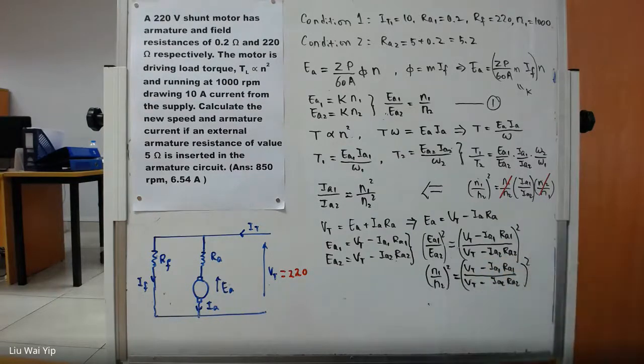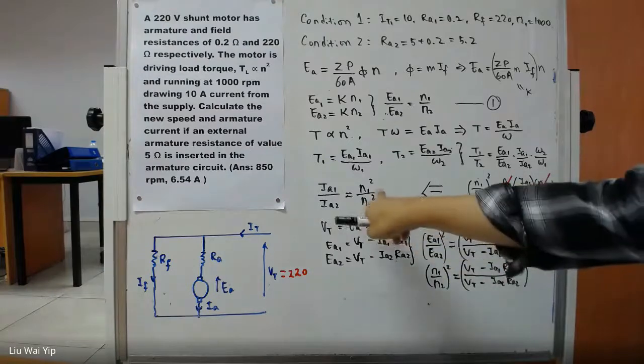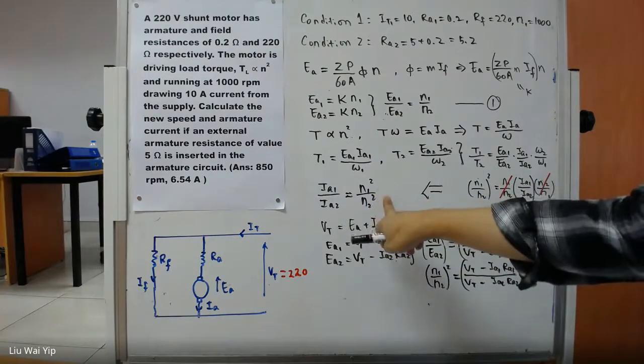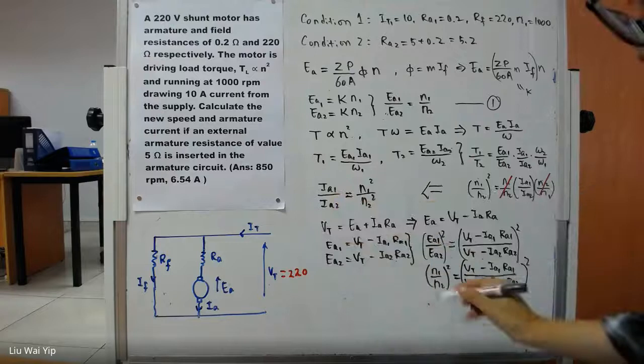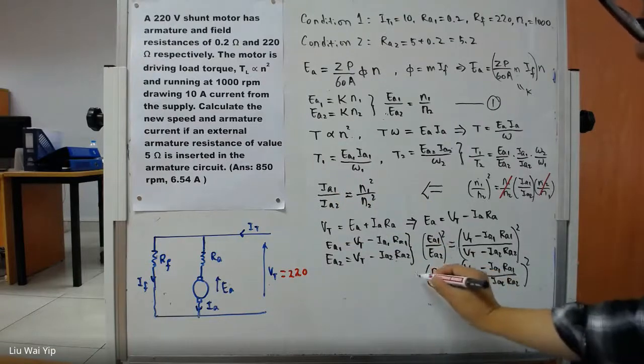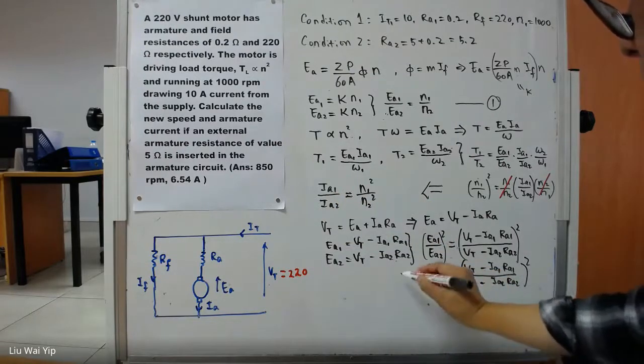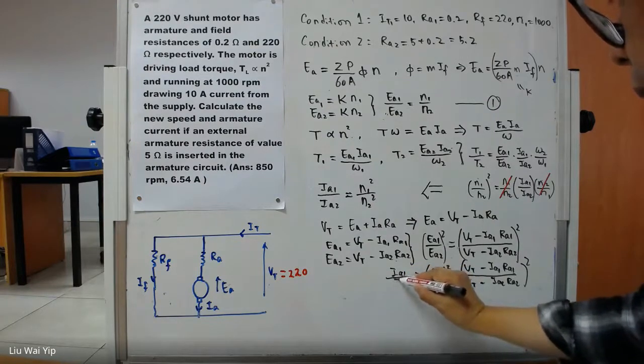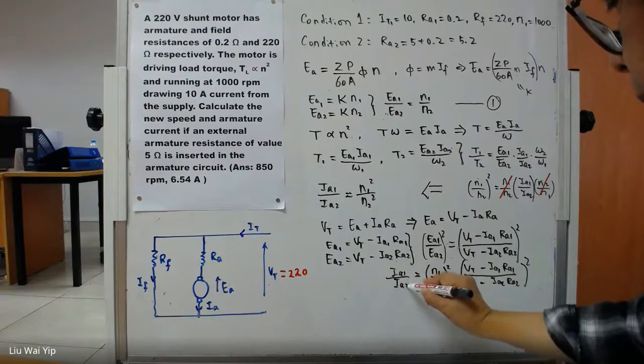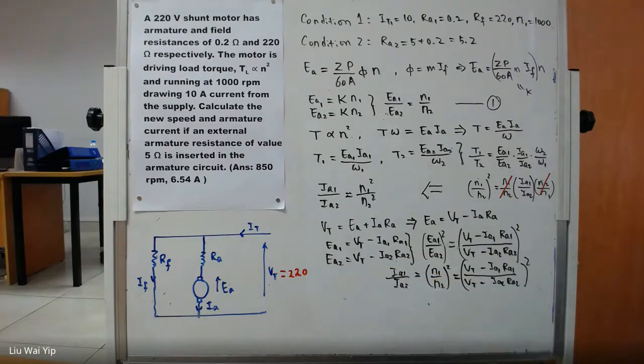Yeah, hang on a minute, right? We have this condition here as well. According to this equation, this guy is actually IA1 over IA2. Now, everything is clear.